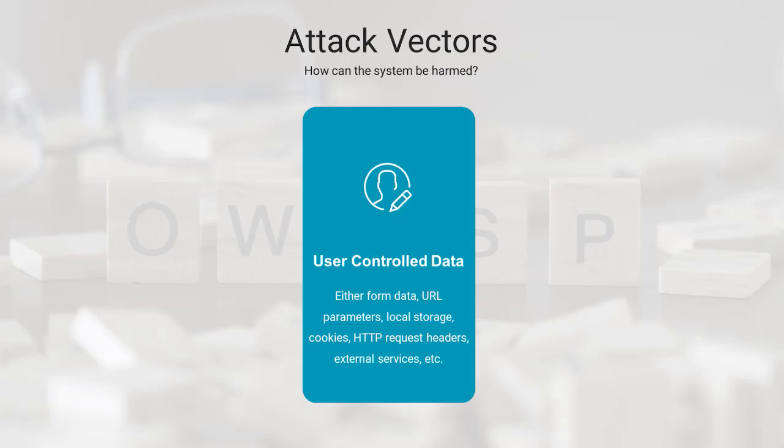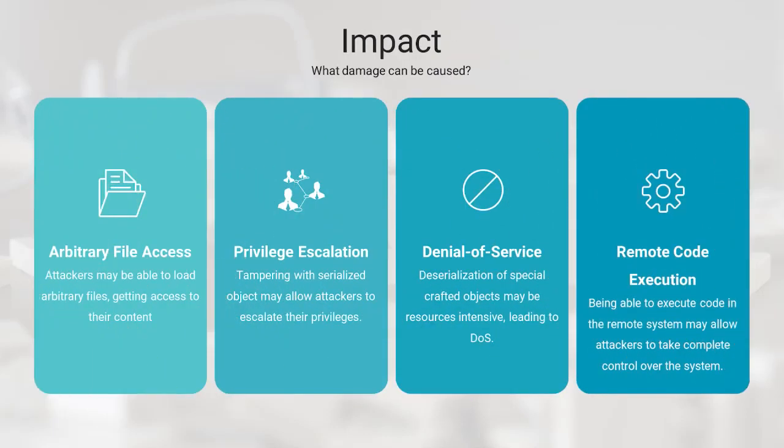Serialized values are commonly stored in databases, for example session objects, or exchanged between integrated services. Exploiting deserialization, attackers might be able to access arbitrary files. Imagine that custom deserialization loads some file from the file system based on a provided path. Quite often, serialized data includes roles or privileged details.